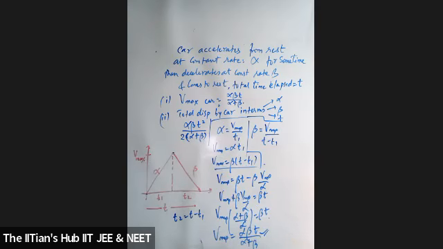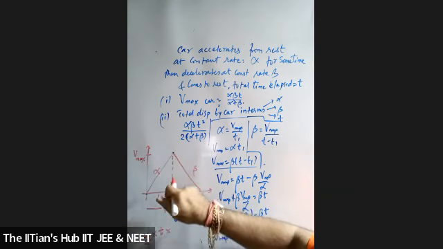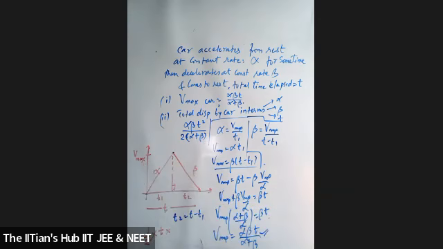They will give you this in the options, students. You know the formula for Vmax, right? See what the formula is, students. What is the area under the graph? Half into base. What is the base? T. What is the height? Vmax. The formula for Vmax is alpha into beta into T upon alpha plus beta. Are you getting it now? Alpha beta T square upon 2 into alpha plus beta. Friends, is it clear?